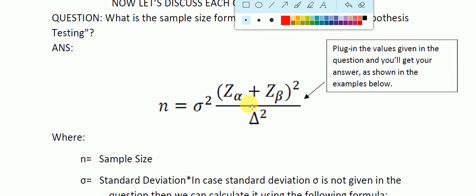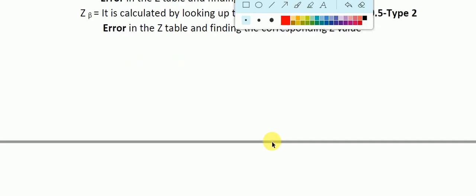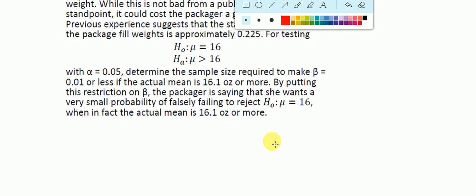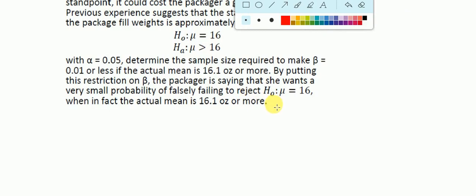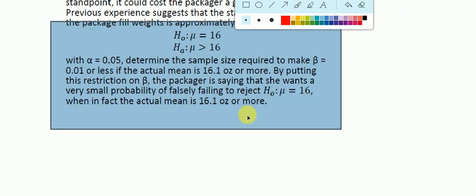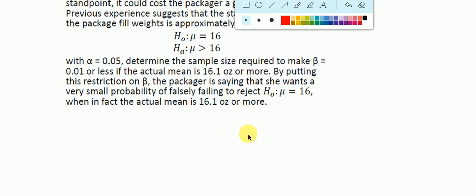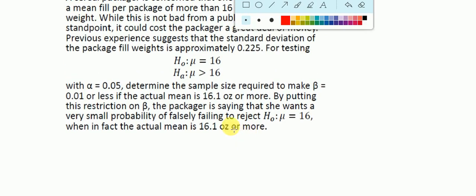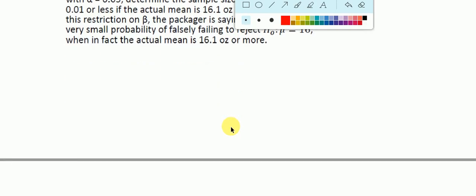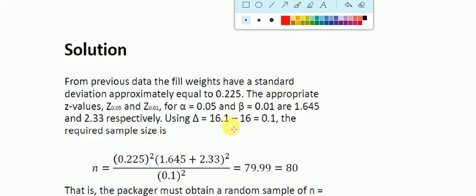This formula is for single-tailed or one-tailed hypothesis testing, and here we had to use it because the manufacturer was concerned about only one side of the tail, which was more. She had nothing to do with a lesser amount of product going to her customer, though it has a negative impact, but she was worried that more product is going to a customer than what they actually state on their packages, and that was causing them a huge loss.